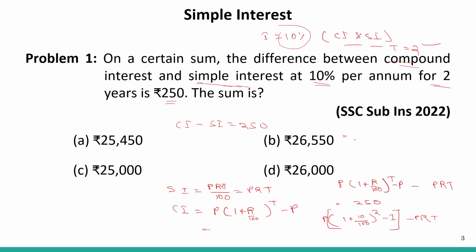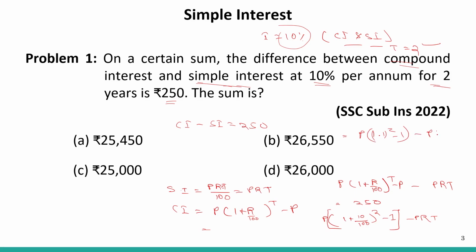So this will be equal to P into 1.1 whole square minus 1, minus PRT.